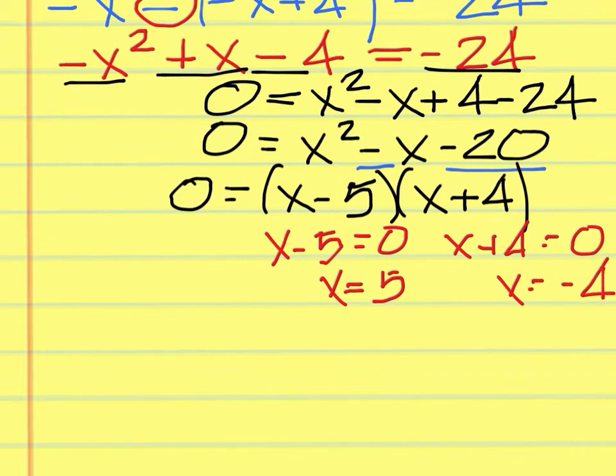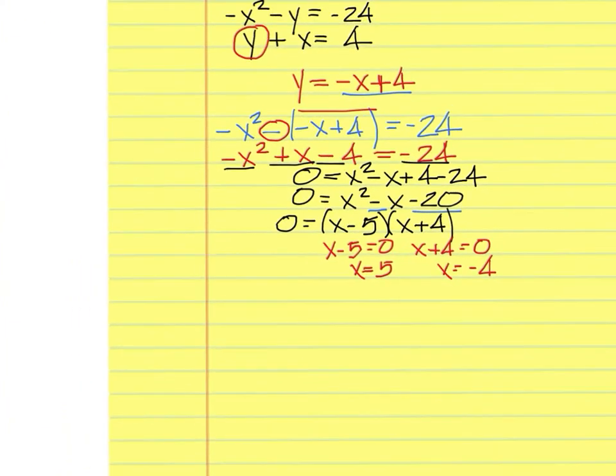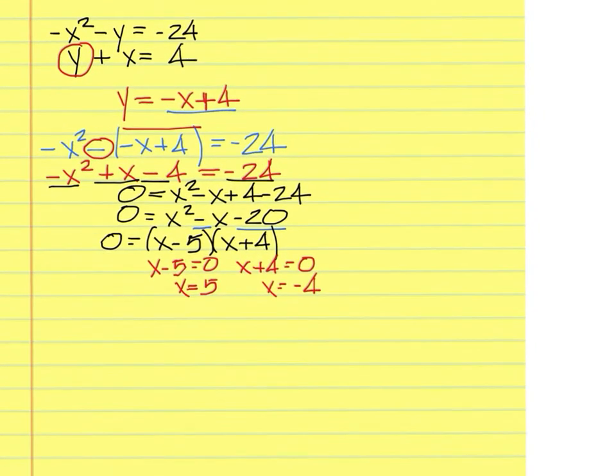That is not the solution to the whole problem, because we've only come up with values of x. We still have to go back through and solve for y. So here's where we're at so far. We set this y by itself and moved this x over and made it negative x. So y is equal to negative x plus 4.